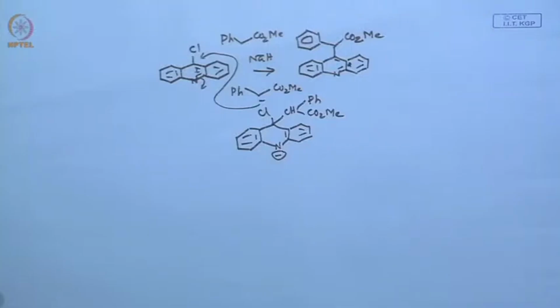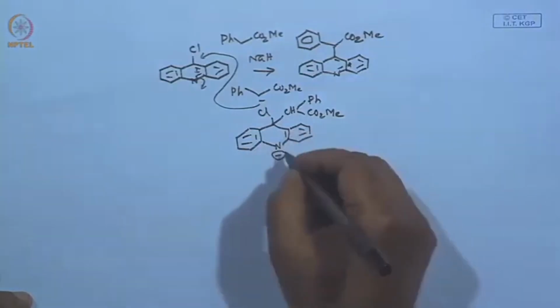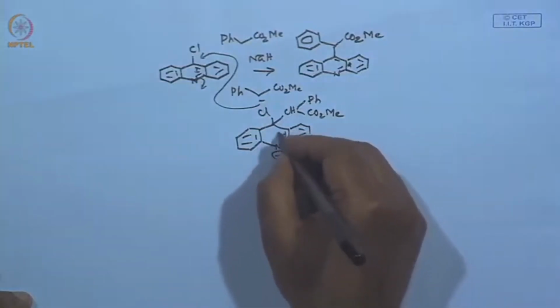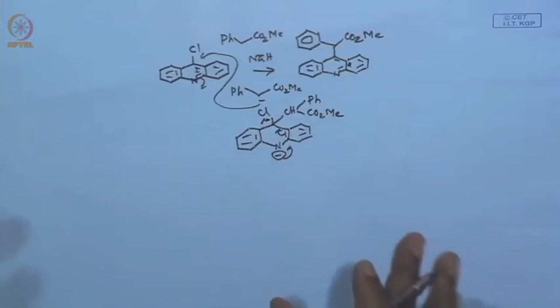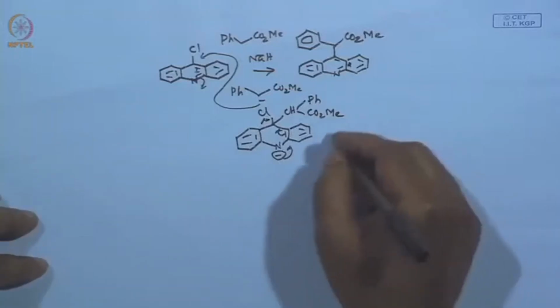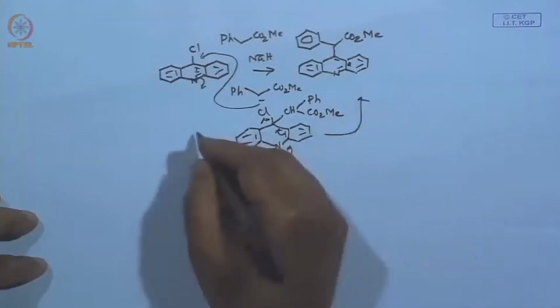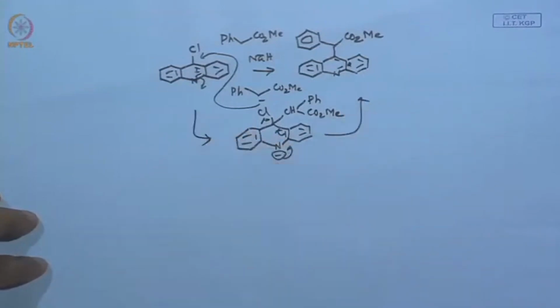What next? Again a vicarious substitution reaction, but in this case you do not have to do that. You can straight away eliminate this. This is typical, like Sanger reactions. So, this is one of these ways, and how to get to this acridine nucleus is not that easy, though in this case it is pretty easy.